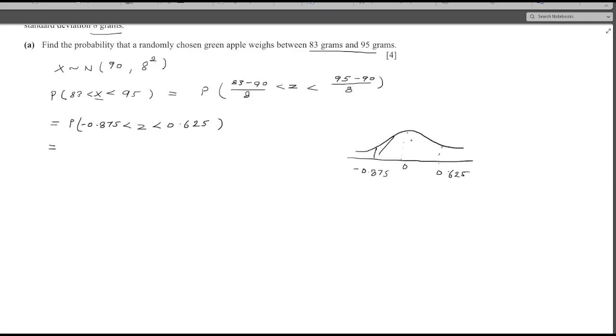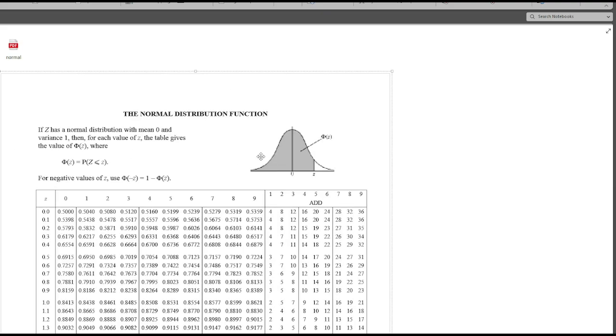If you see, the normal table always gives you the probability for a z, and the value of z is starting from 0.0, so for all positive values it is giving me the answer. For negative values, as it is symmetrical, we can switch. See here how we switch.